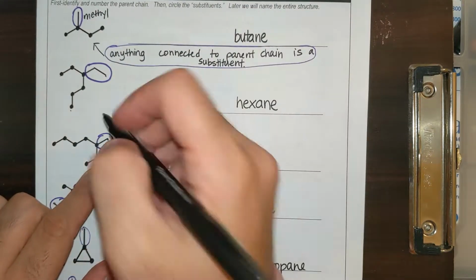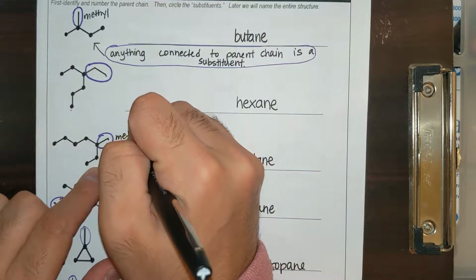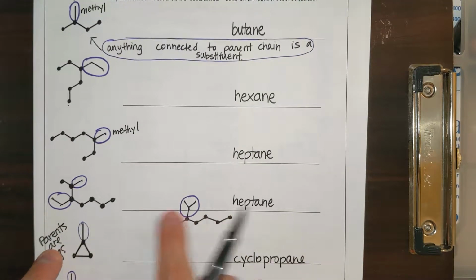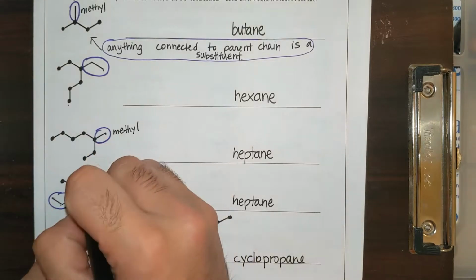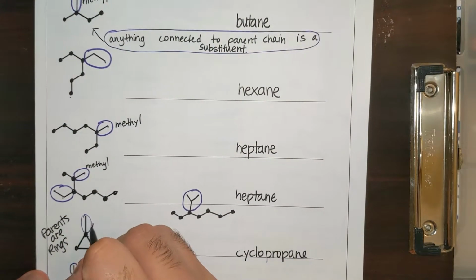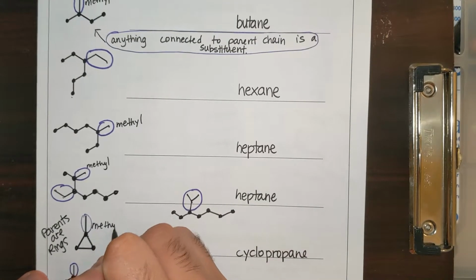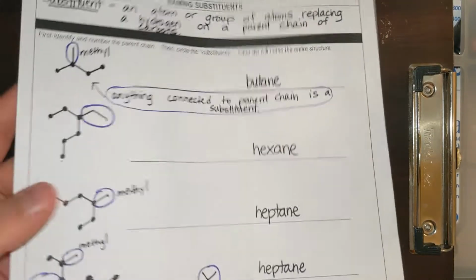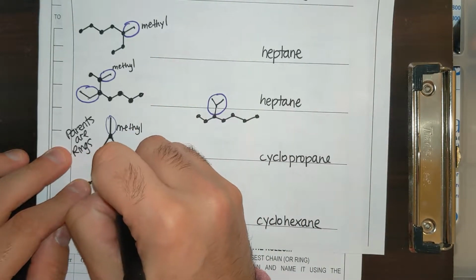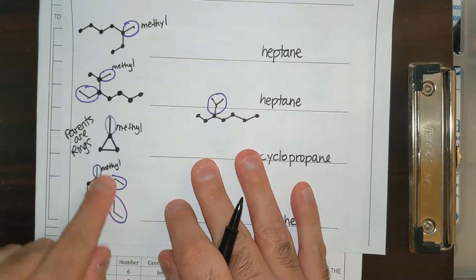In the third one, a line is a methyl. In this example that I have, I'll call this a methyl. This is a methyl. And the very last one also has a methyl.